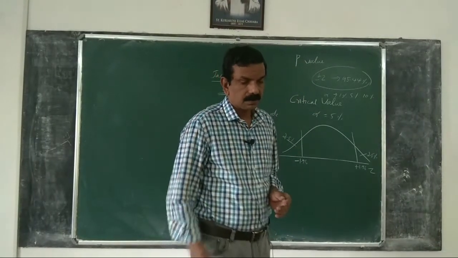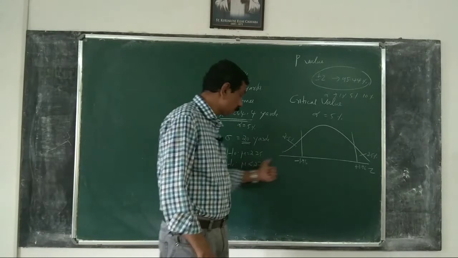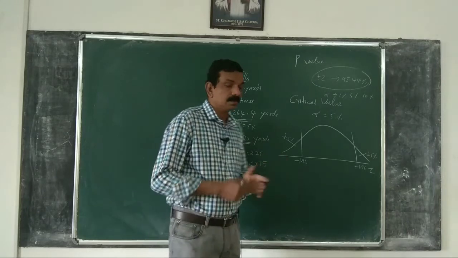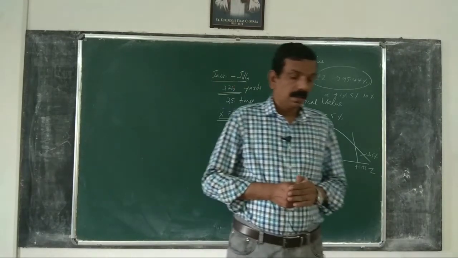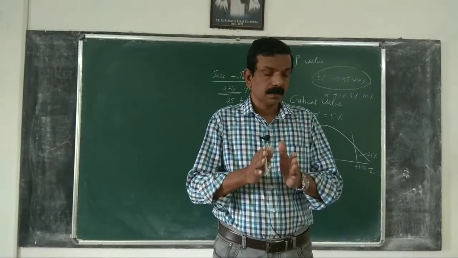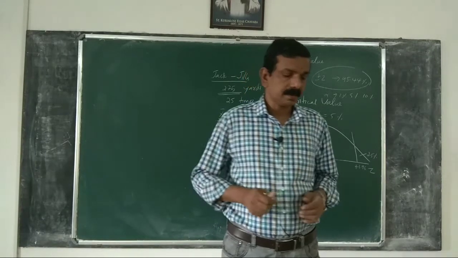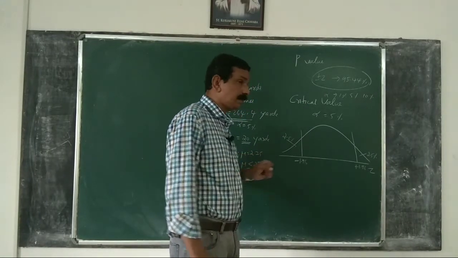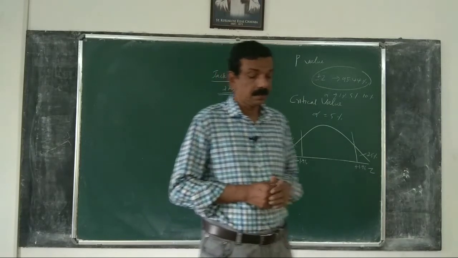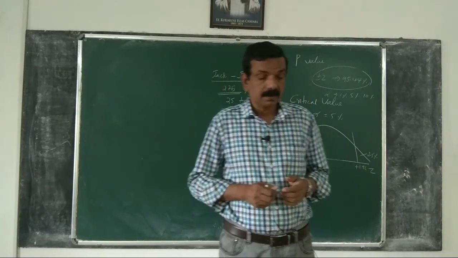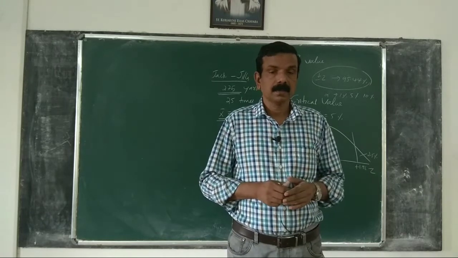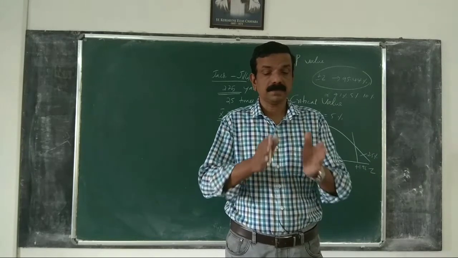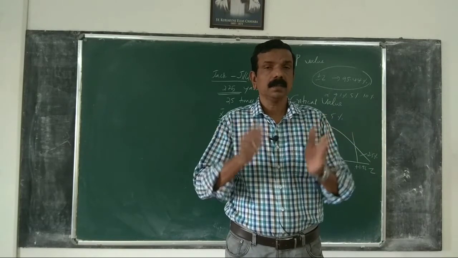If H0 is true, then the mean driving distance is 275. We will say that the mean driving distance is approximately 275. We will not say it is equal to 275 because we cannot expect that the actual value obtained will be 275, because of sampling error.